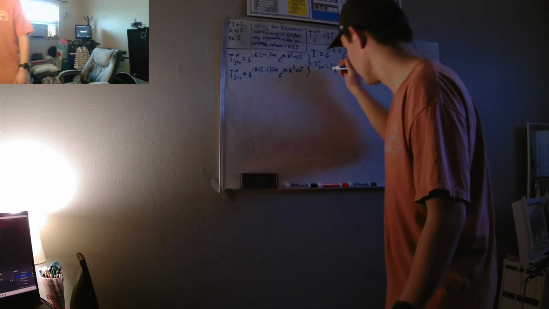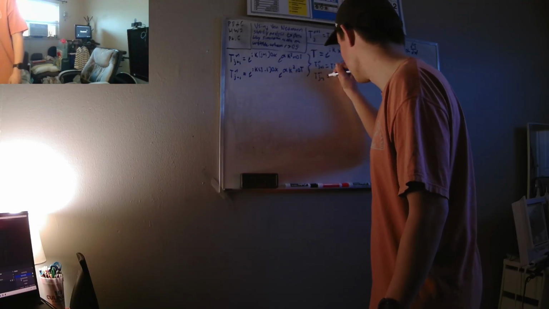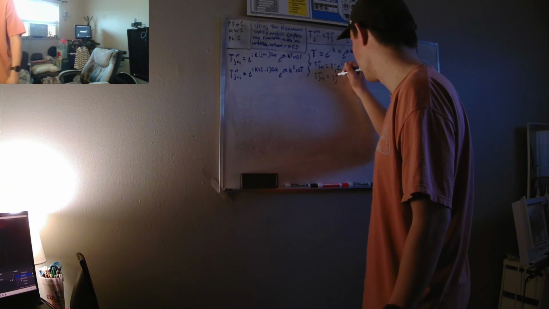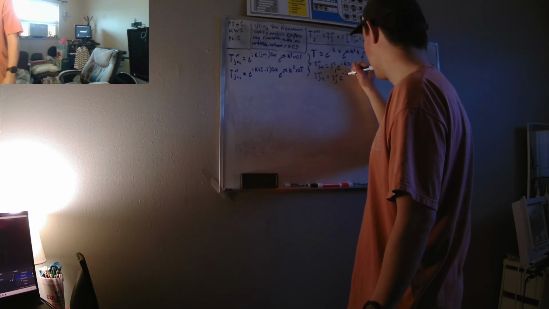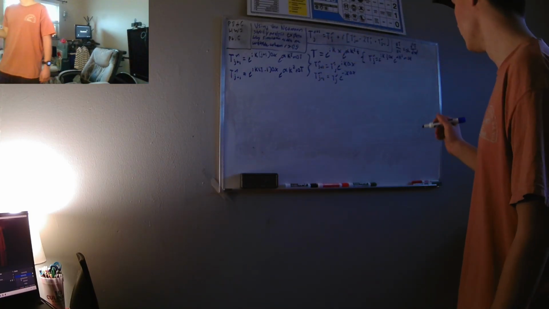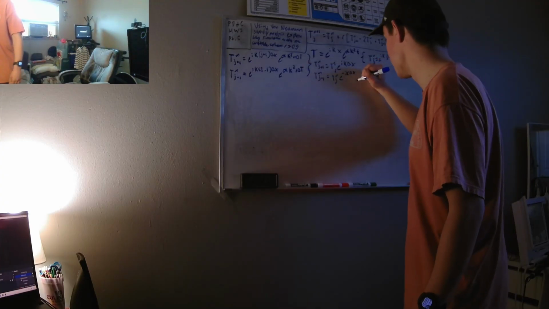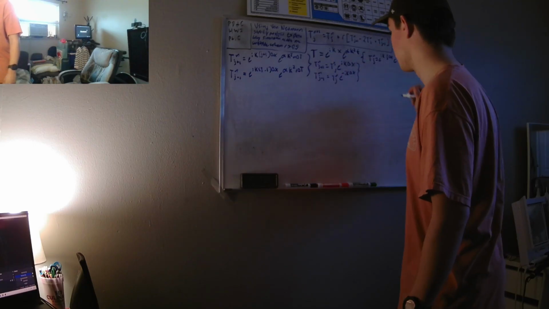And then you can also see that our T j minus 1 is equal to our T j n times e to the minus I k delta x. Now, if we sub both of these expressions into our expression over here, we get something that looks like this.